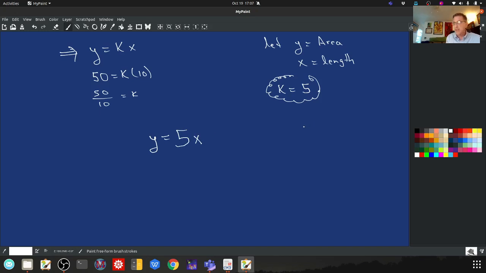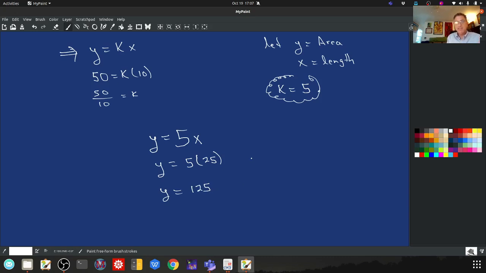And then it says find the area, so y is what I'm looking for, when the length is 25. And we immediately get y is equal to 5 times 25, so y is equal to 125, and that's our area.